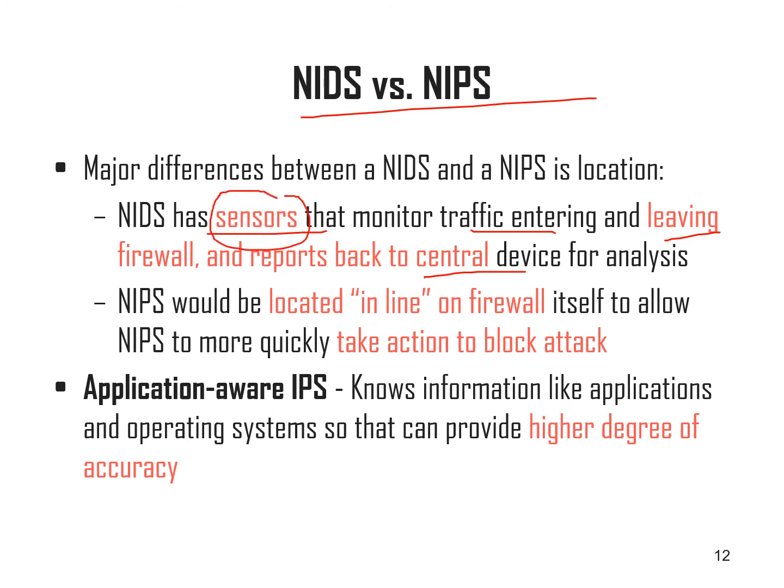So it has a number of sensors installed in different devices in the particular network, and the logs are collected in a particular central device. The logs are analyzed for intrusion detection. NIPS would be located inline on a firewall itself to allow the NIPS to more quickly take action or block the attack. So NIPS is installed on a firewall so that it will take action on blocking the attack.